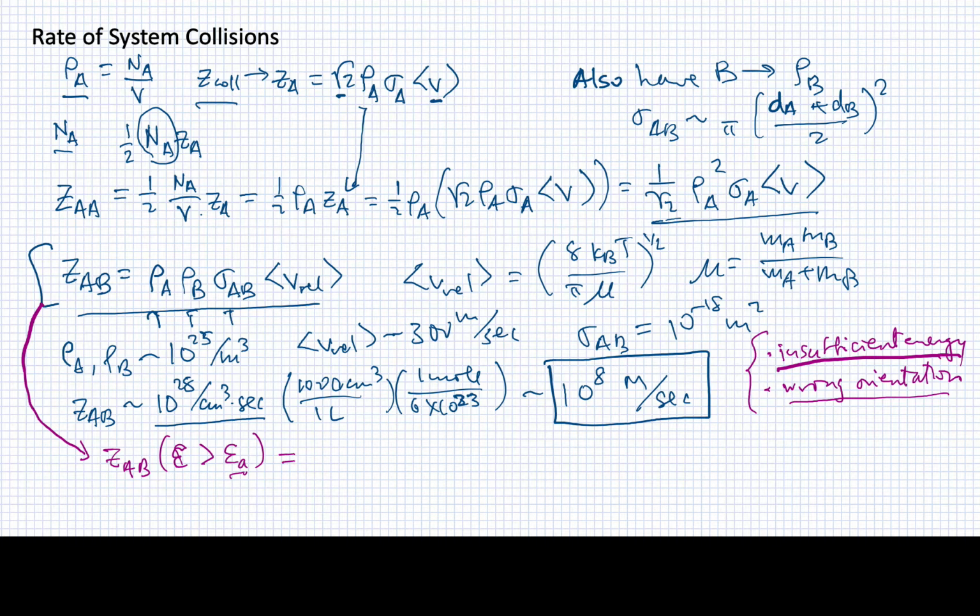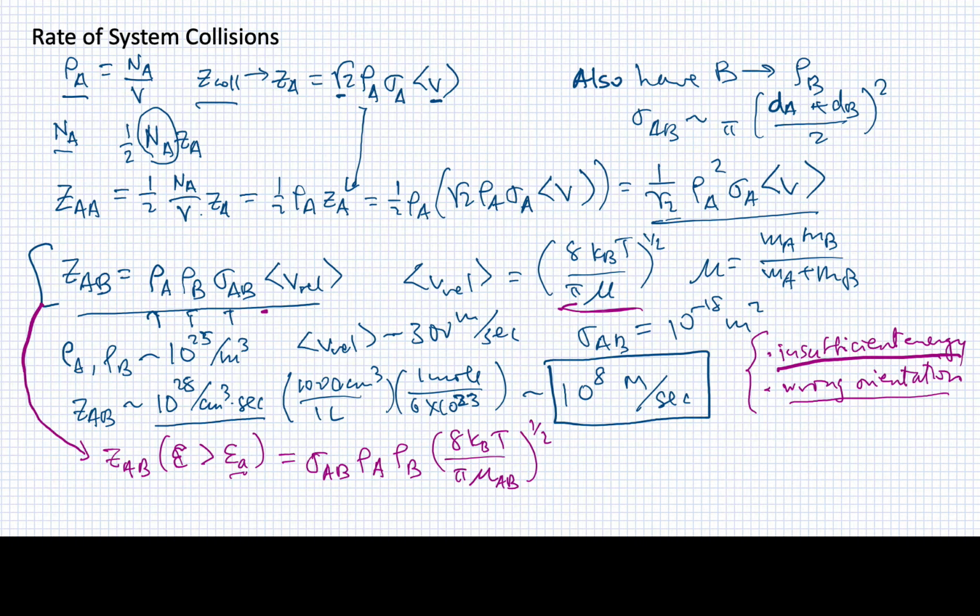And what we get from that is, when we plug this into our general expression, so I'm using the expression for relative velocity as well, I'll have the cross-sectional area times rho A times rho B times (8 k_B T over pi mu_AB) to the 1/2.